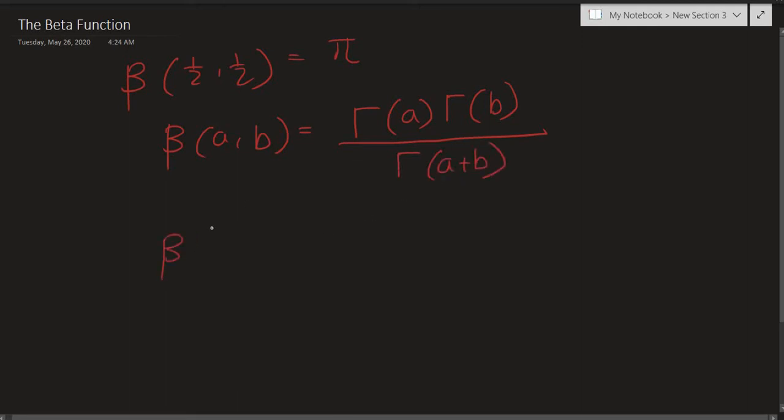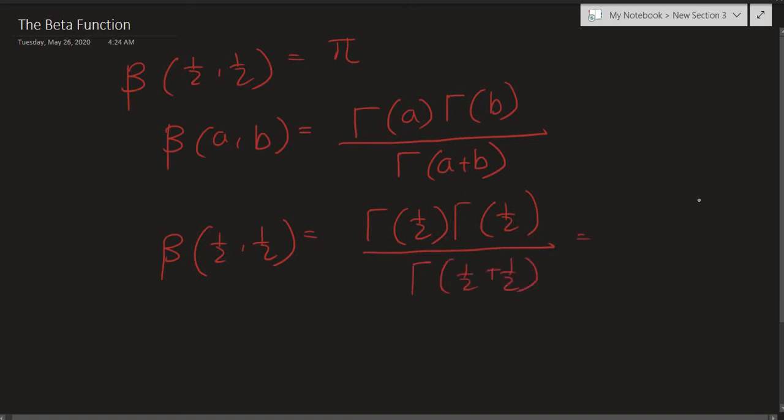So if we have the beta of half comma half, this is gamma of half times gamma of half divided by gamma of half plus half. So this is nothing but gamma of half, the whole thing squared, divided by gamma of 1, since half plus half is 1.